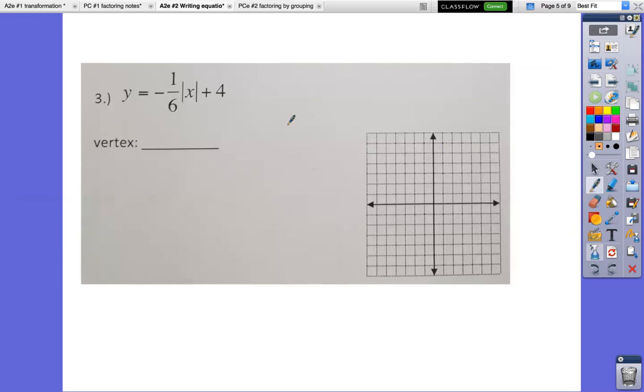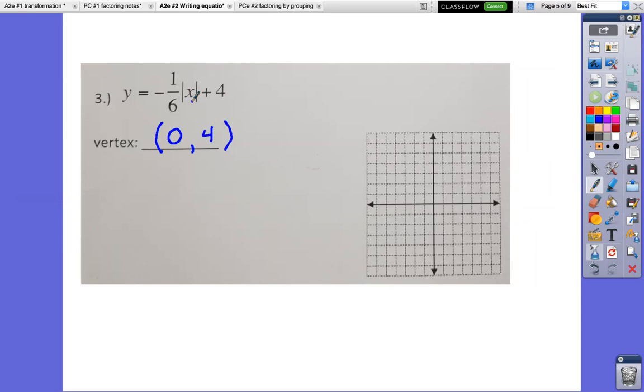Can I have a volunteer? Can somebody tell me what's my vertex on this one? Is it 0, +4? Exactly right. Again, it's 0, +4.